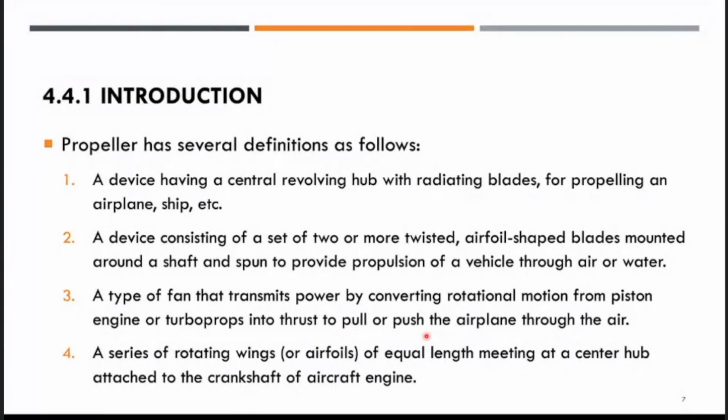The propeller itself can be situated in front of the engine, which we call a pull type of propulsive system, or it can be placed behind the engine, denoted as the push type. It can also be defined as a series of rotating wings or airfoils of equal length meeting at a center hub which is attached to the crankshaft of the aircraft engine.